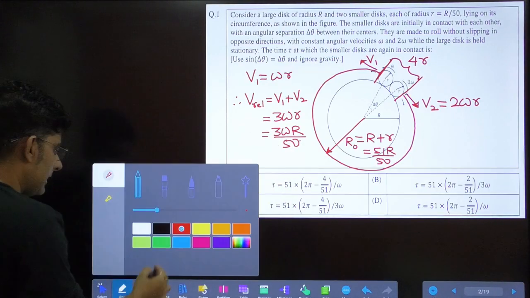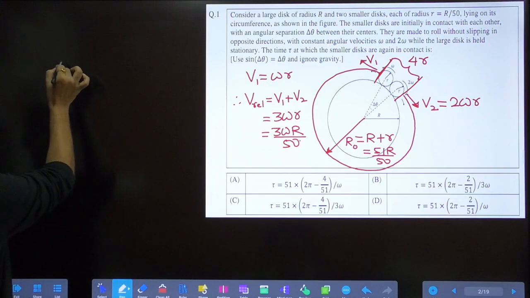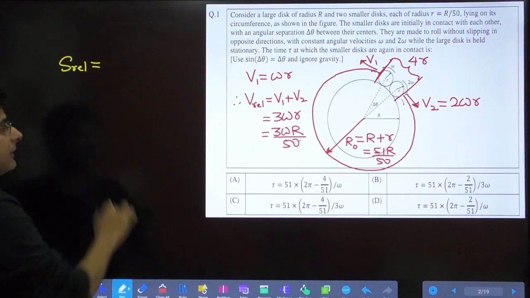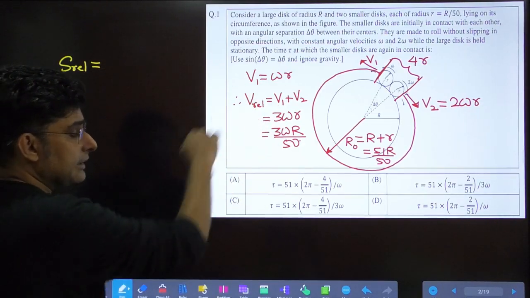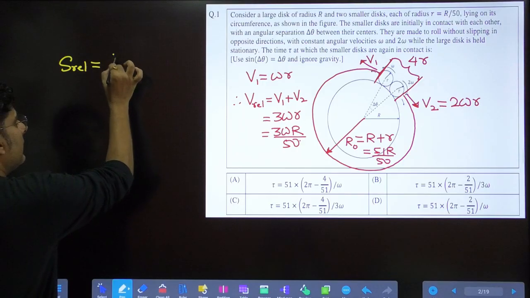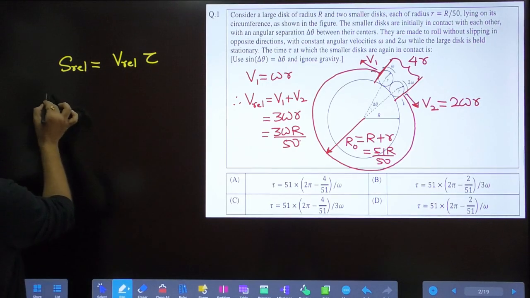So now, as I said, the only thing that needs to be done over here is, in order to meet, let's see the relative distance travelled by the discs or their centers. So S relative can be written as V relative into tau. Now what is S relative?